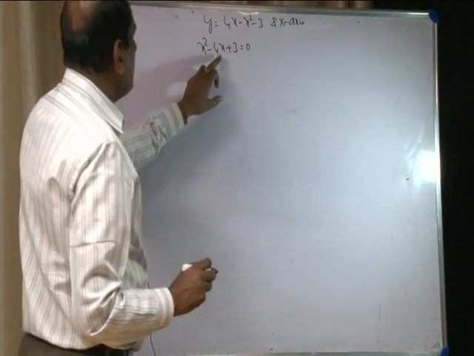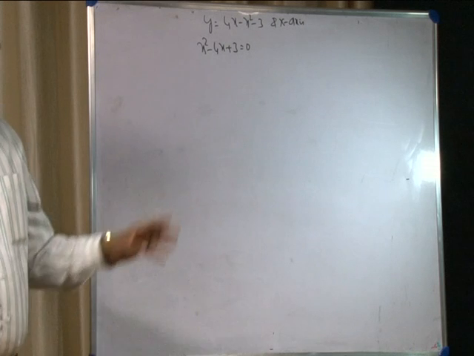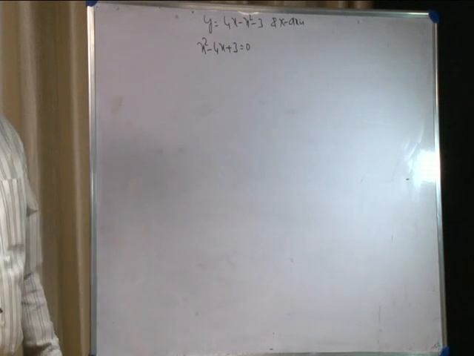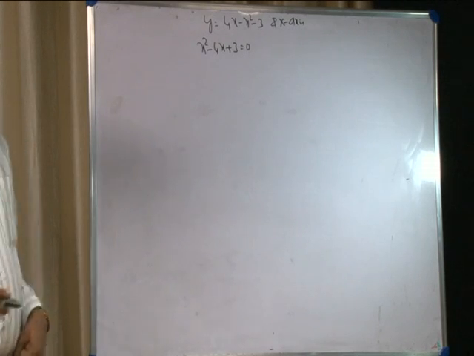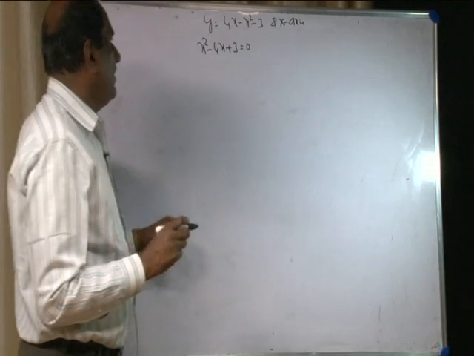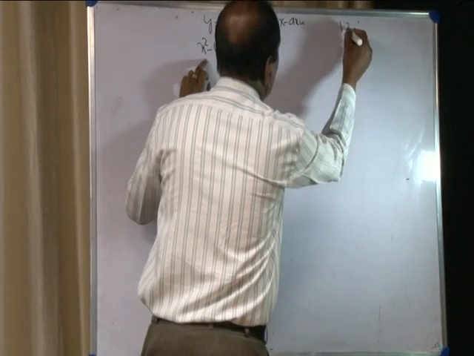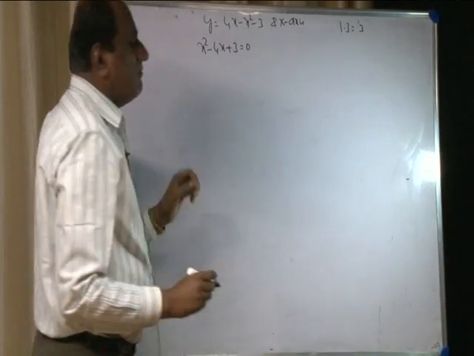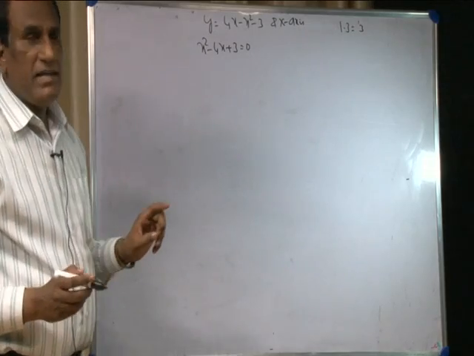Now, x square minus 4x plus 3 is a trinomial, a second degree expression or second degree equation. Find out two values of x by the factorization method. Now, see here, 1 into 3 is equal to 3. Find two factors of 3 such that the sum is equal to minus 4.